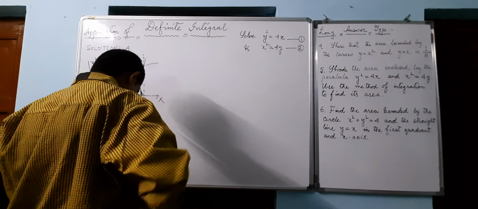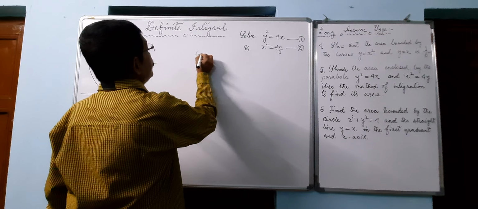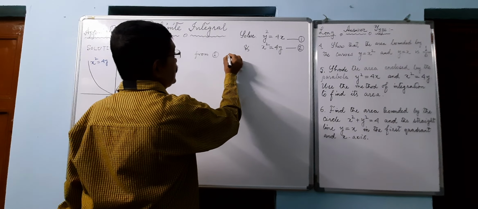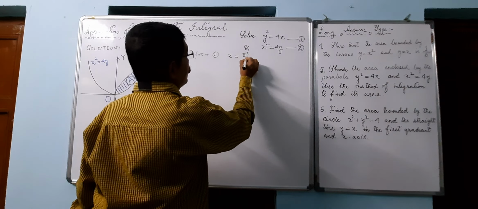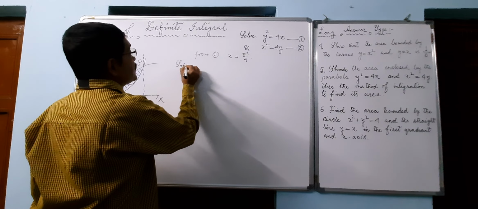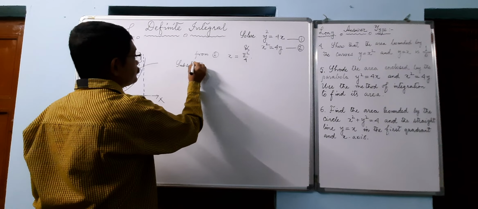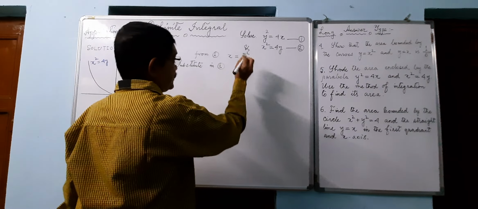Taking the first one, x equals y square by 4. And if we substitute this in the second, what do we get?